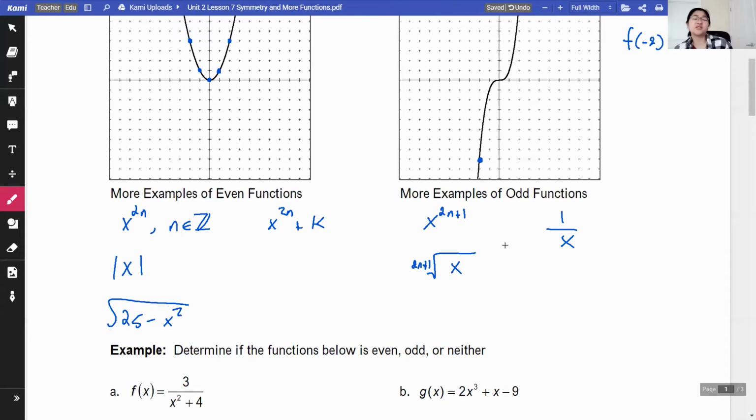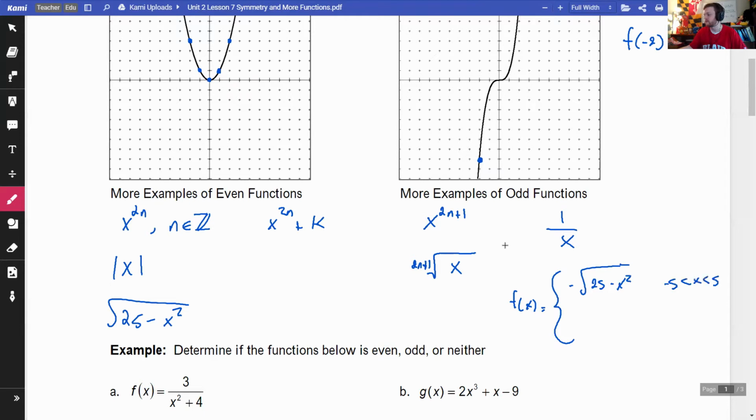We could do a piecewise thing with our circle function. Right, we could take this part and that part of 2 semicircles, and that would be odd. And it would still be a function. So we could get real fancy here. Negative the square root of 25 minus x squared from negative 5 to 5.